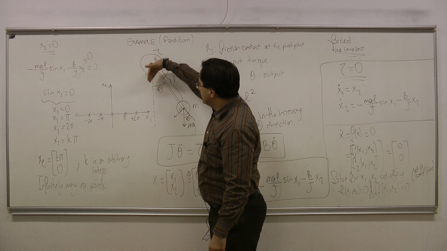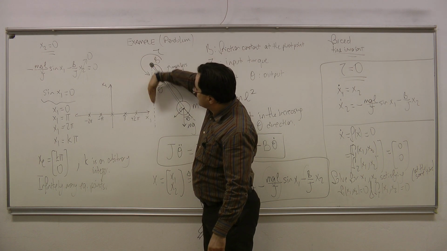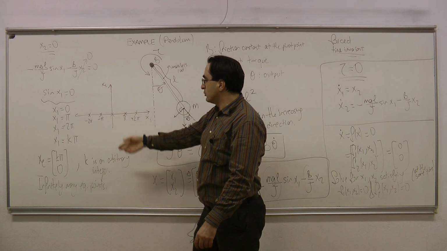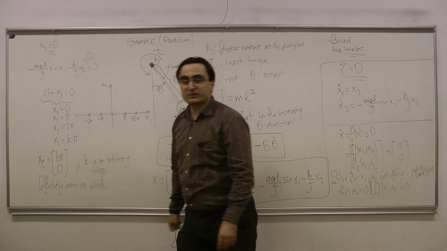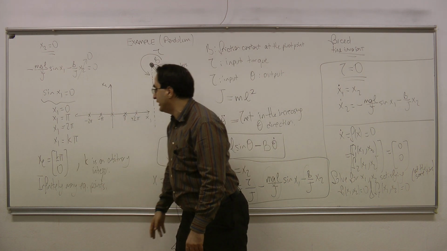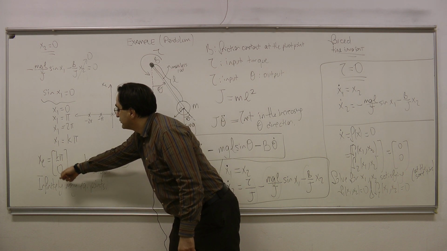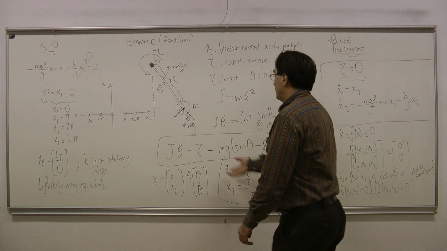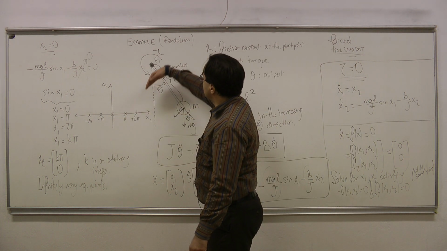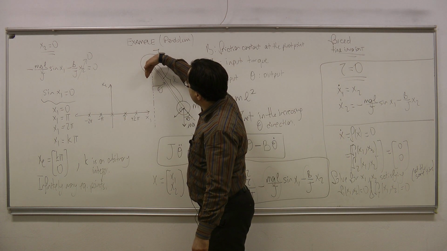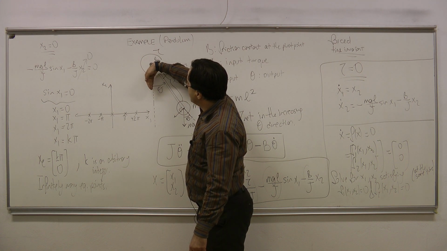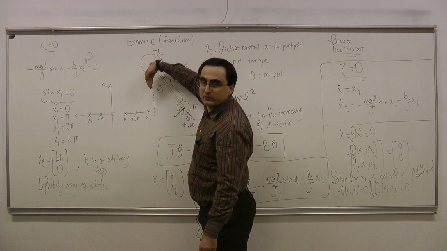Equilibrium at the origin is this downward equilibrium of the pendulum. Theta is equal to 0 and theta dot is equal to 0. So this equilibrium point is nothing but what happens when the angle theta is equal to 0 and the angular velocity is equal to 0.